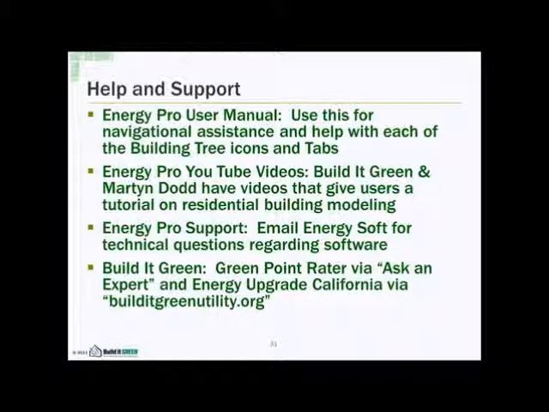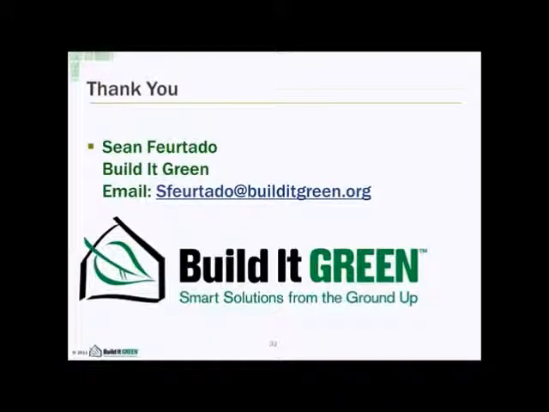A lot of the stuff isn't really that intuitive to find as far as why calculations give you certain numbers, and we can help you with that via Greenpoint Rater, Ask an Expert, or if you're in Energy Upgrade California, you can email the Build It Green utility, and I'm open to any email questions, as well as if you have any calculation issues, why your building is not complying or you're not getting the savings you needed. So those are some help and support options.